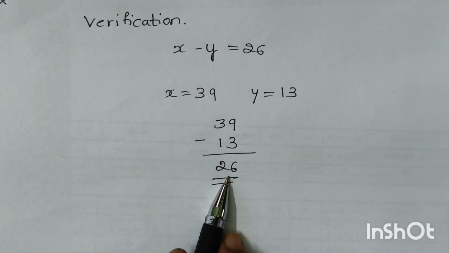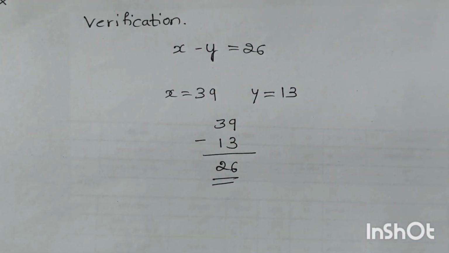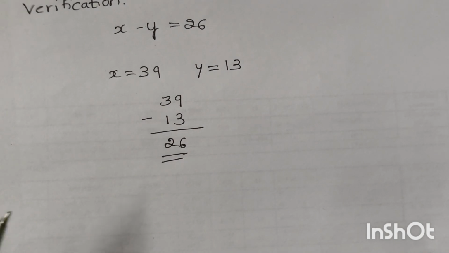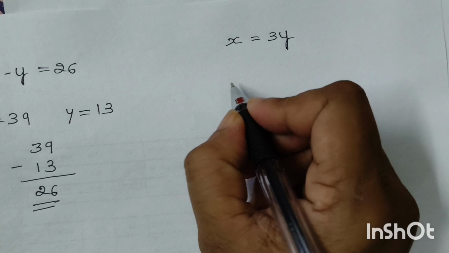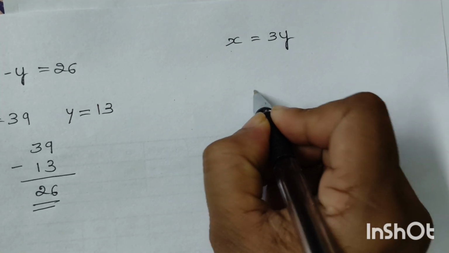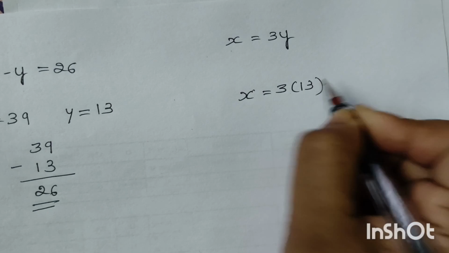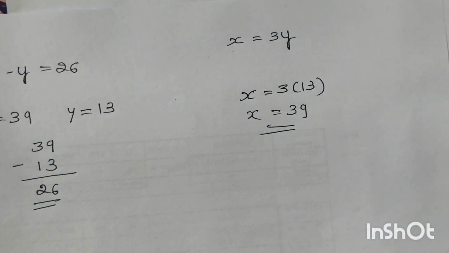Now you can verify equation 2 also, that is x is equal to 3y. It means the value of x is 3 times the y. See here. We can get x is equal to 3 into 13. 13 threes are 39, right?